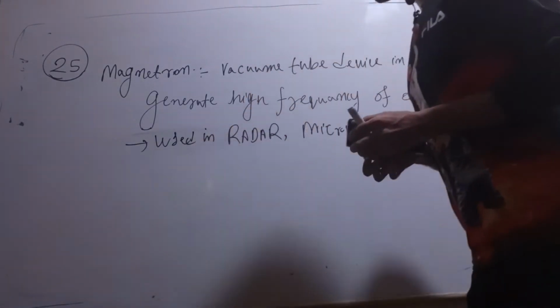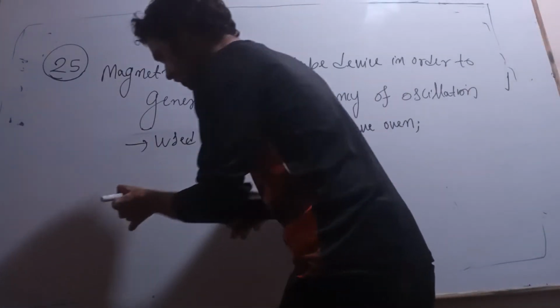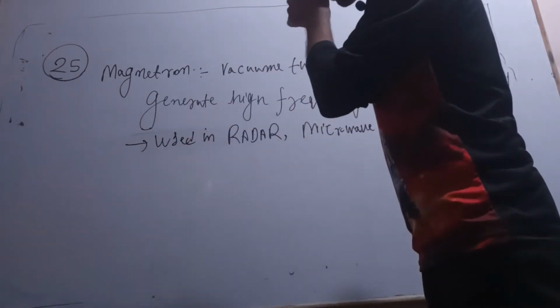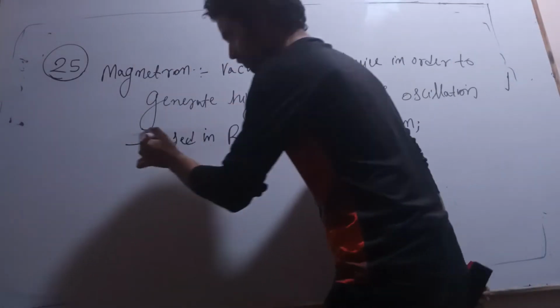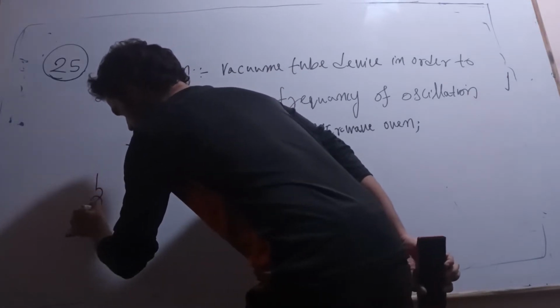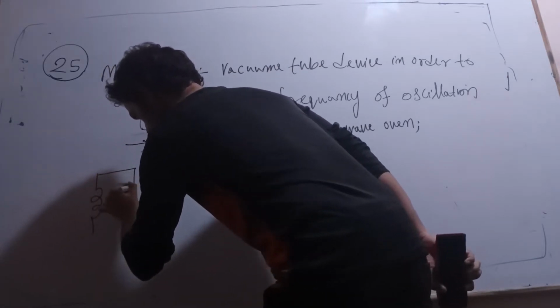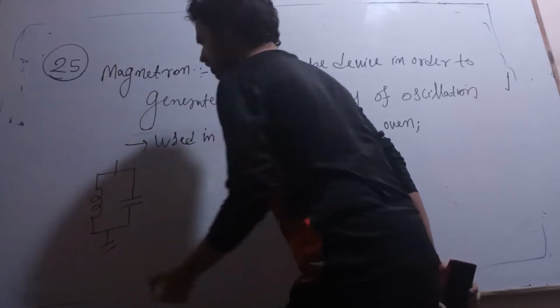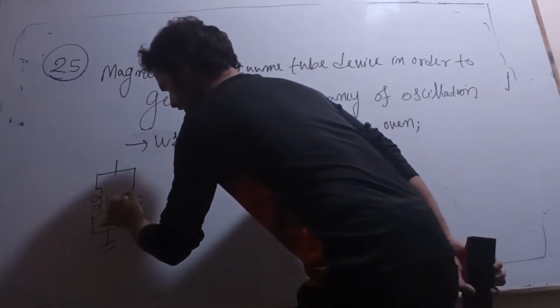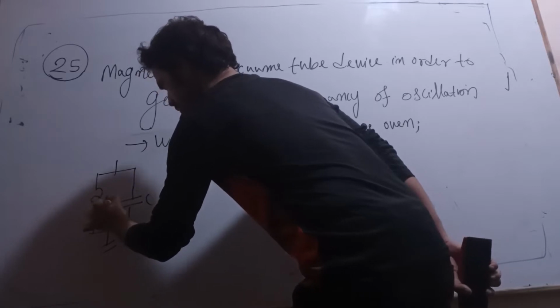How does it work? This is my magnetron. LC oscillation means, as we know very well, this is our tank circuit. If you see this LC circuit, this is my inductance and capacitance. What is happening here?